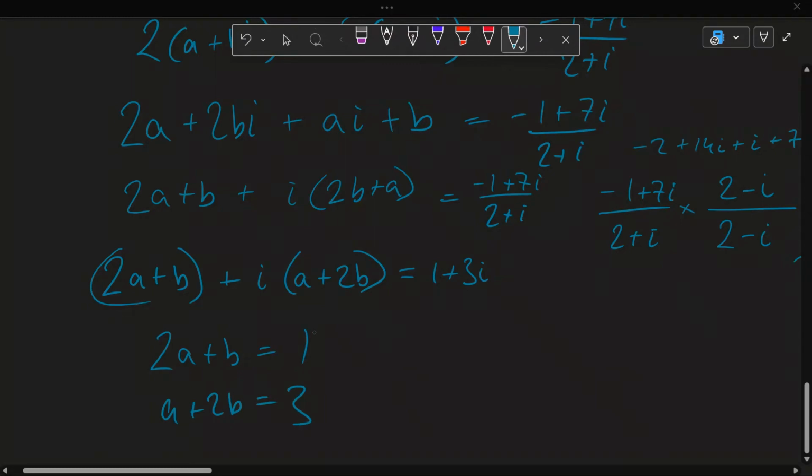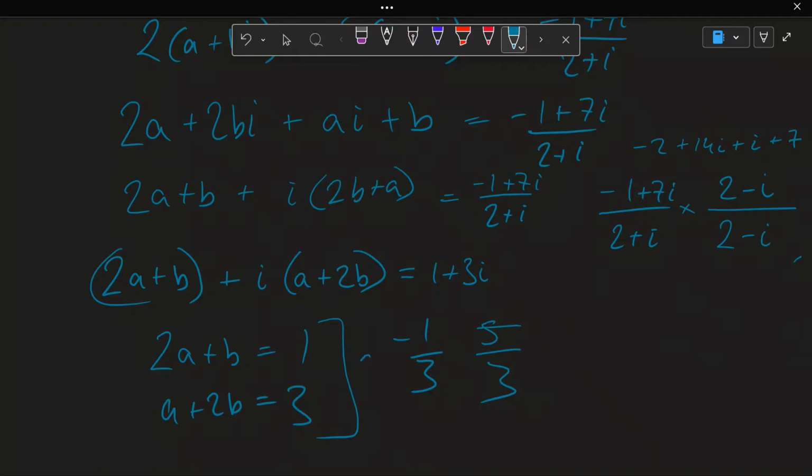Now that we have these simultaneous equations, I personally just stuffed it into the calculator. This is further maths, so I don't think they'd bother giving you marks for a GCSE simultaneous equation. So this would give us minus 1 over 3 and 5 over 3. So that's our a and b.